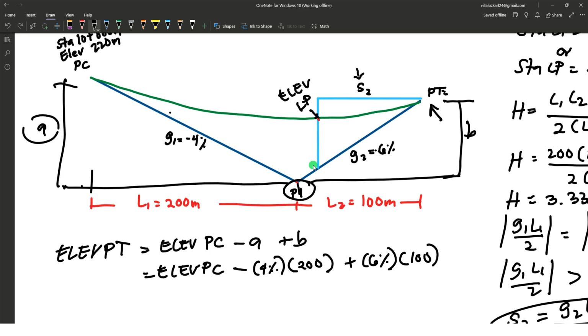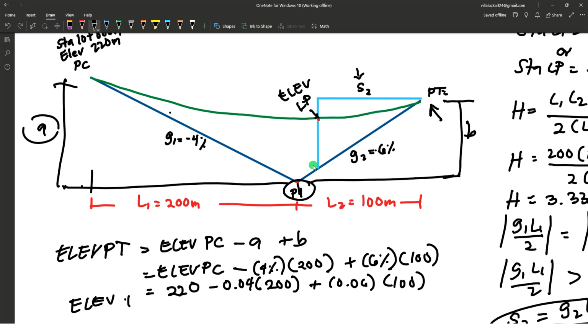Let me rewrite that. We have 220 meters minus 0.04 times 200, and we have positive 0.06 times 100. We have now the elevation at PT.